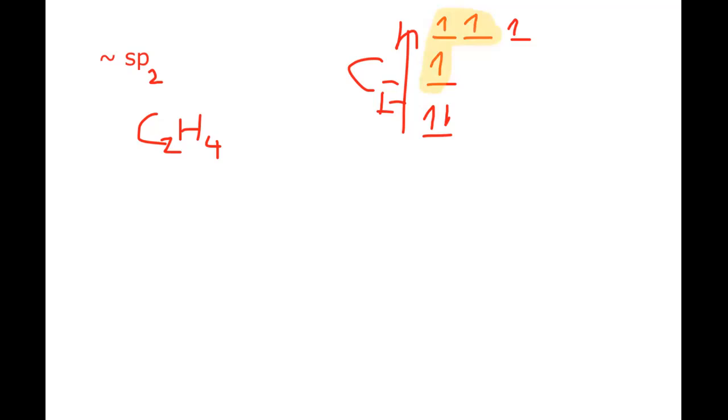So now we can write the configuration as: this is 1s, this is sp2, and this is 2p.